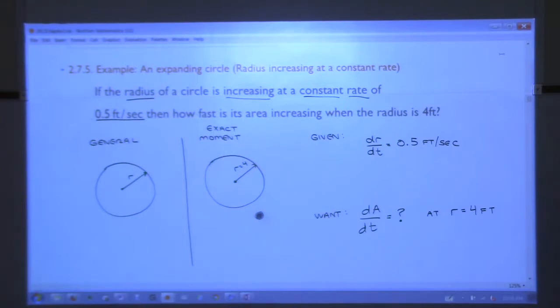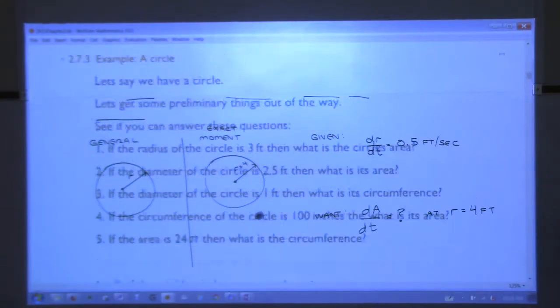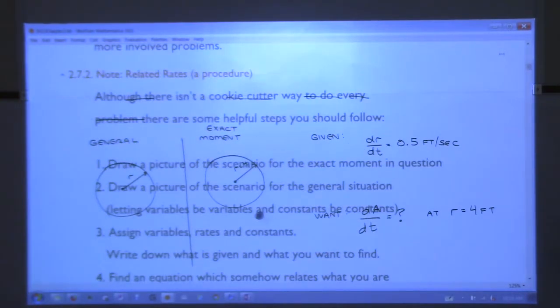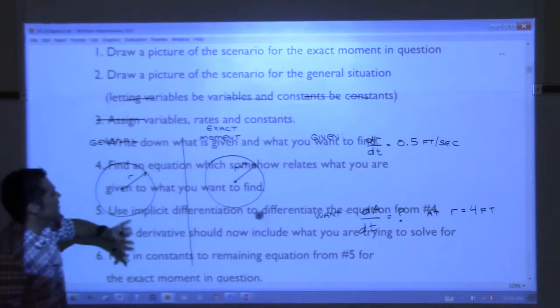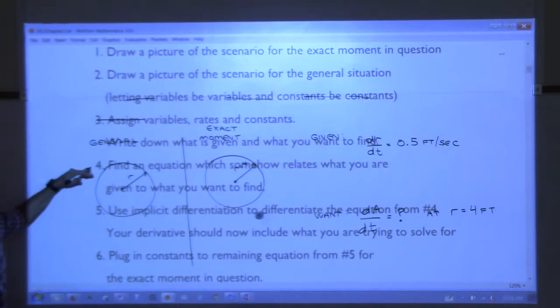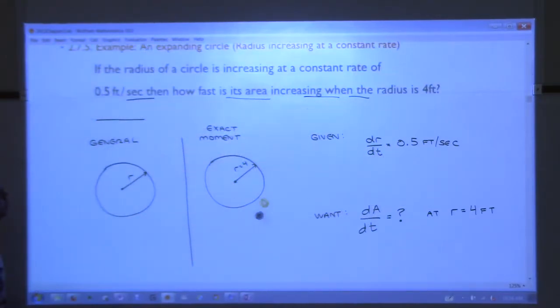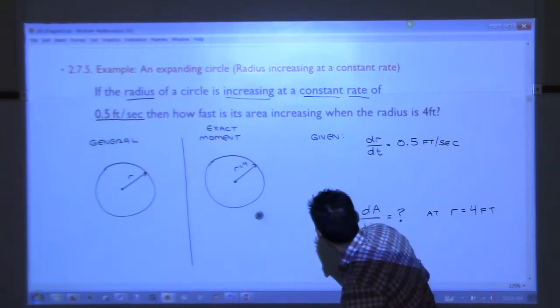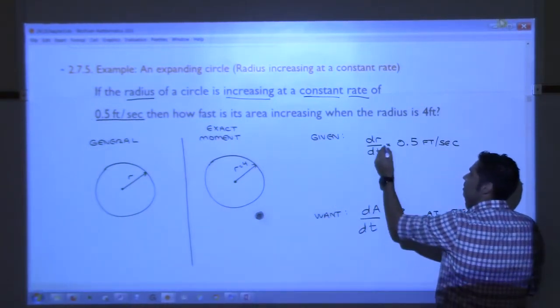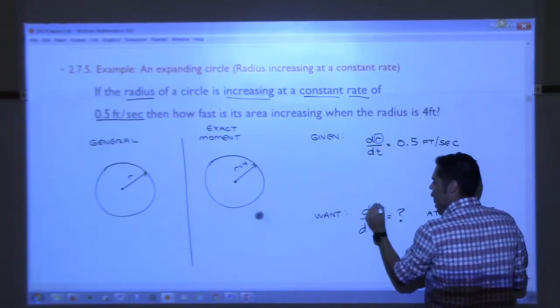So I'm going to bring up my notes again. My notes said that if you're doing these steps, you want to draw some pictures, assign variables, write down what you're given and what you want, and then you have to find the equation. That was the next thing. Find the equation. And the equation that I'm talking about is the equation that somehow connects this variable here to this variable here.